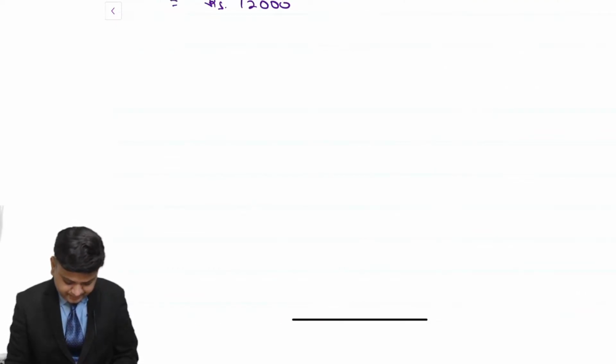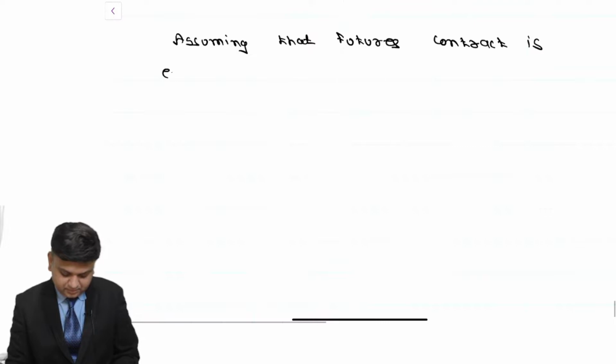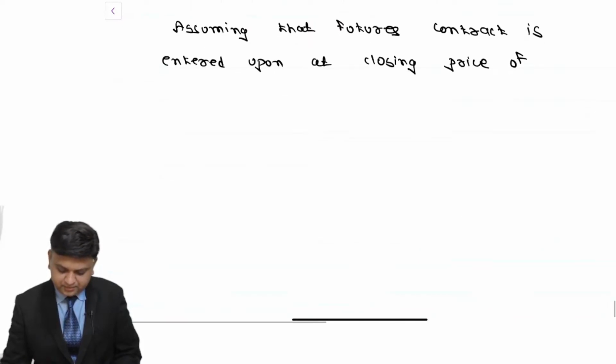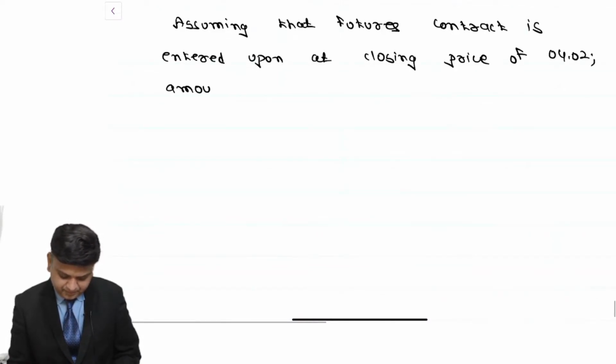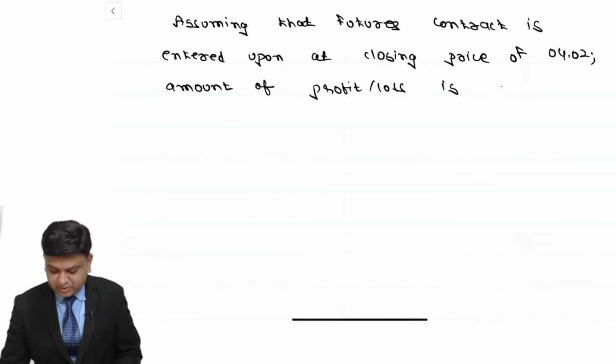After that, write down: assuming that futures contract is entered upon at closing price of 4th of February, amount of profit or loss is calculated.